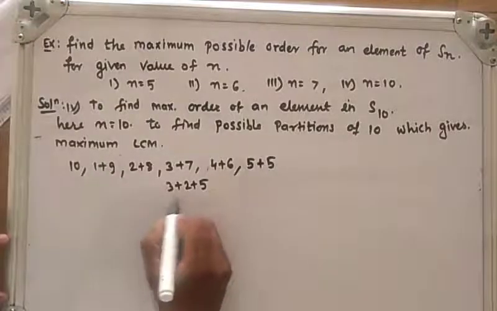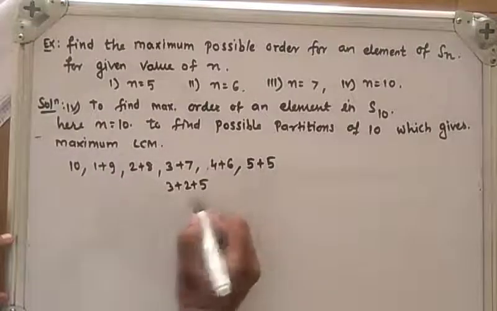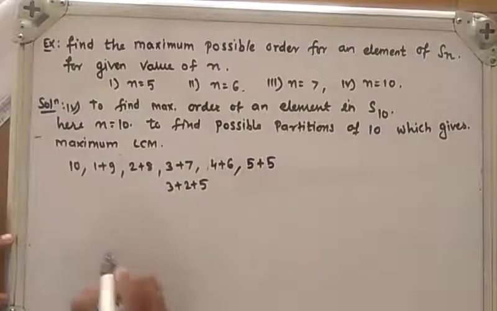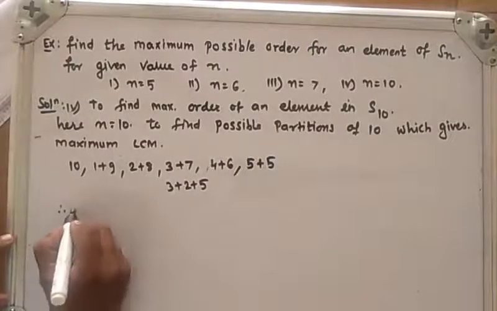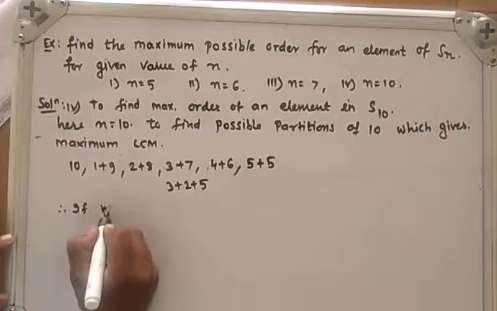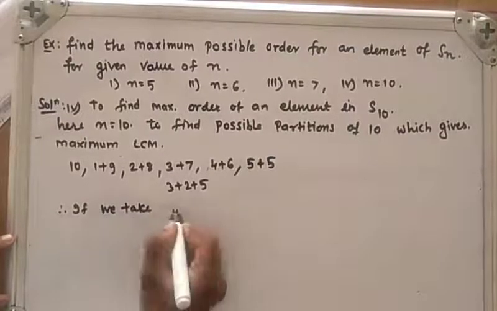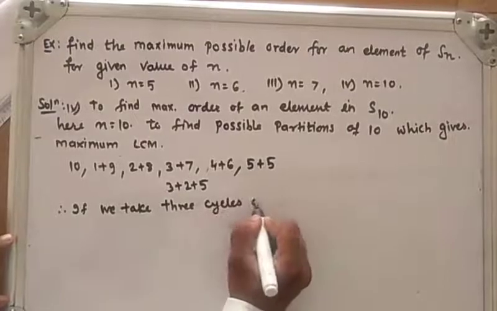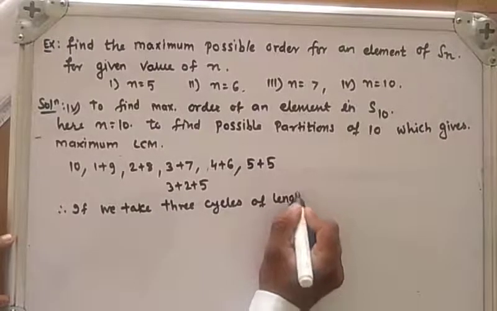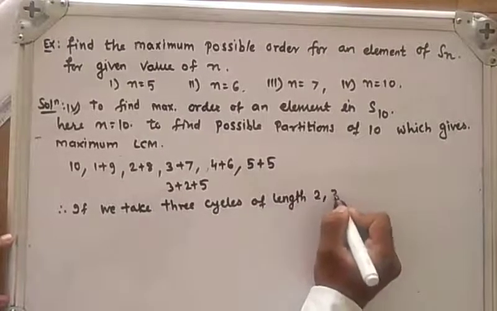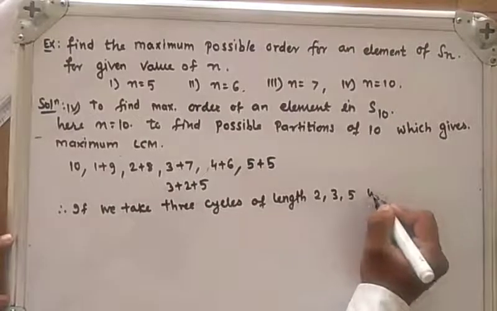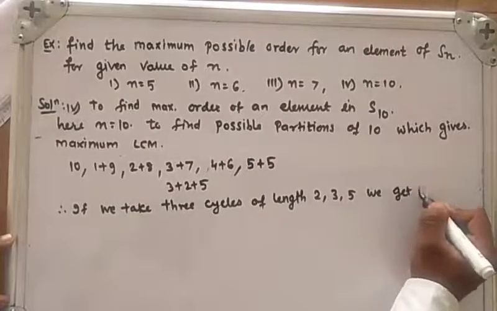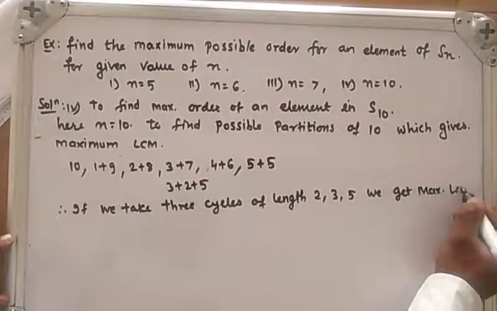So if I take the LCM of 2, 3, 5, it gives the maximum LCM. Therefore, if we take 3 cycles of length 2, 3, 5, we get the maximum LCM.